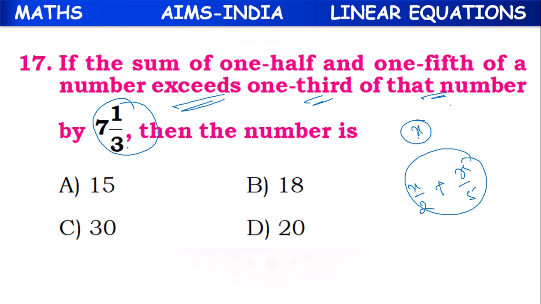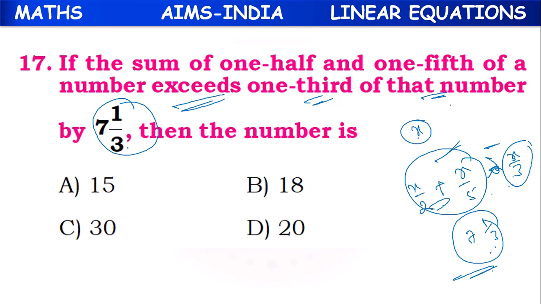Exceeds means this is more than 1/3 of the number, x by 3. By how much? 7 1/3. Means if we take their difference, it is equal to 7 1/3. Why? Because the sum is 7 1/3 more than x by 3. So the difference will be equal to 7 1/3.